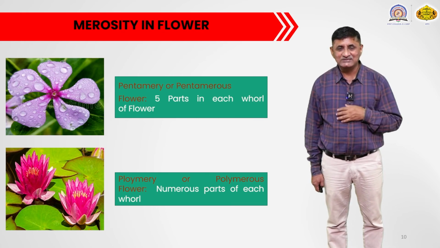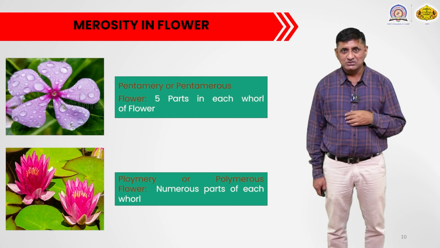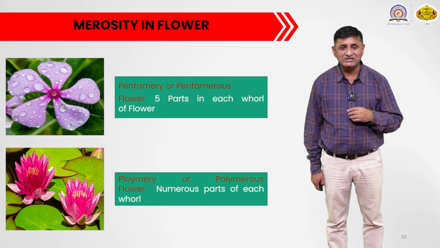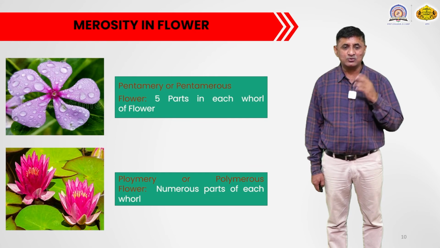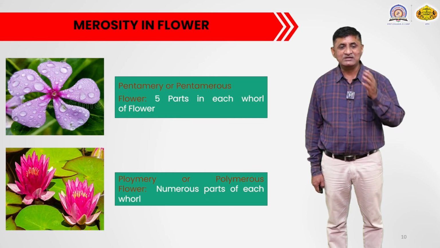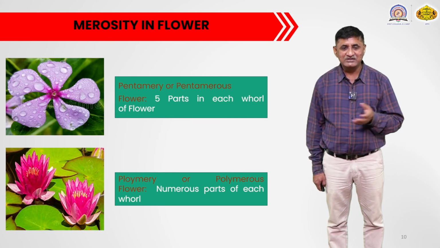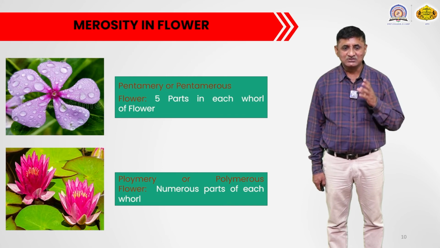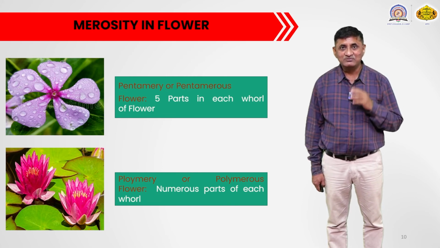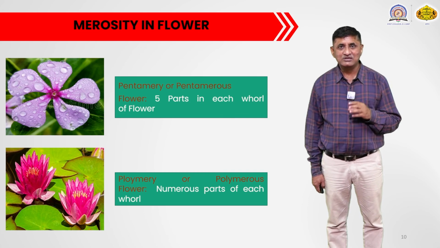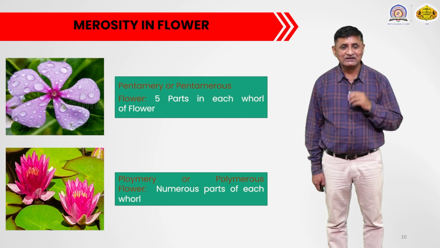The very well known examples are the flower of rose and the flower of lotus. Here you can see in the image the flower of lotus. You can find many petals and many stamens, so this indicates the polymery condition.